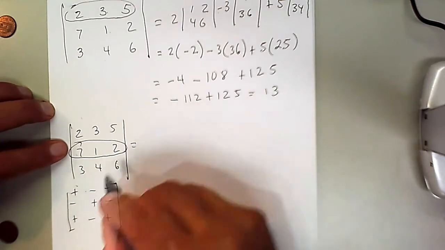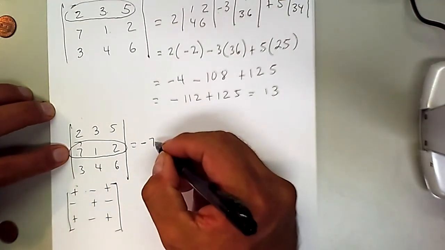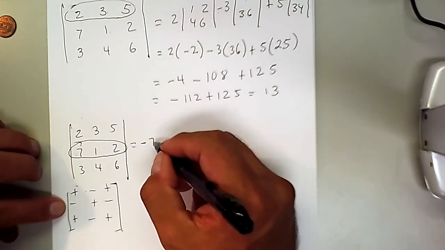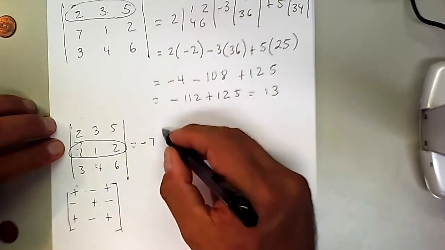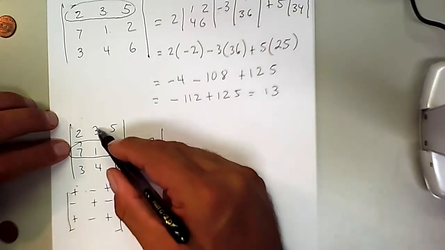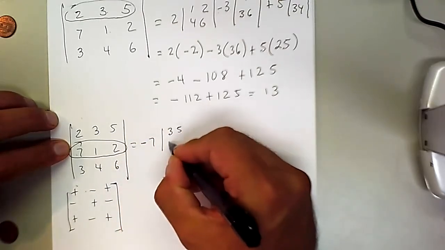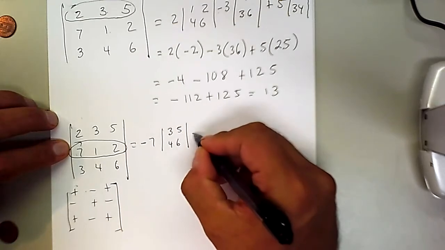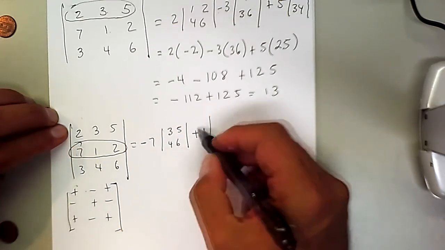So if I start with the 7, this 7 is attached to a -7. If this 7 was a -7 to start with, then we add another negative, and that will cause it to be positive.